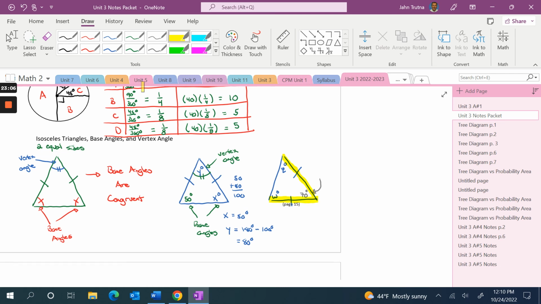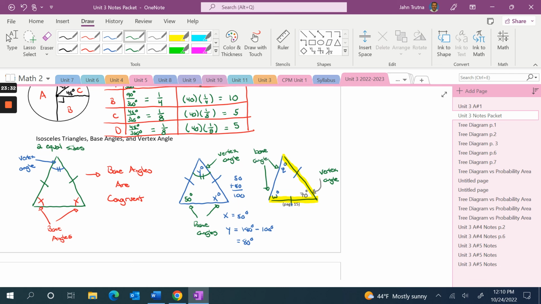Those two sides intersect at that 70-degree angle. So that 70-degree angle is the vertex angle of the isosceles triangle, which means that those two angles, where the W and the Z are, are what are known as the base angles.